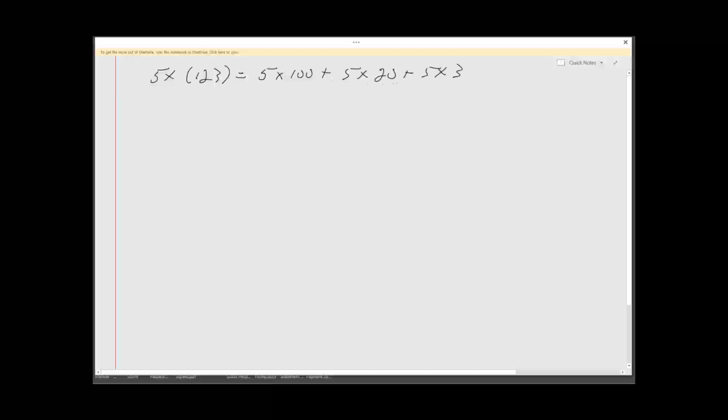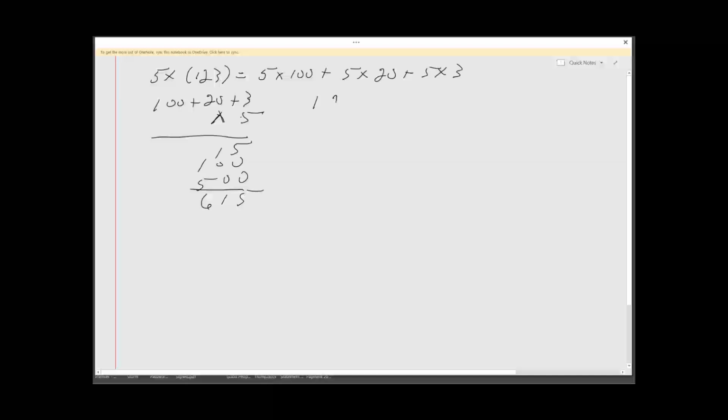And like before, let's just organize this on paper. So we have 100 plus 20 plus 3, multiplying by 5. And so it's 5 times 3, 15. 5 times 20 is 100, and 5 times 100 is 500. And there's our 615.